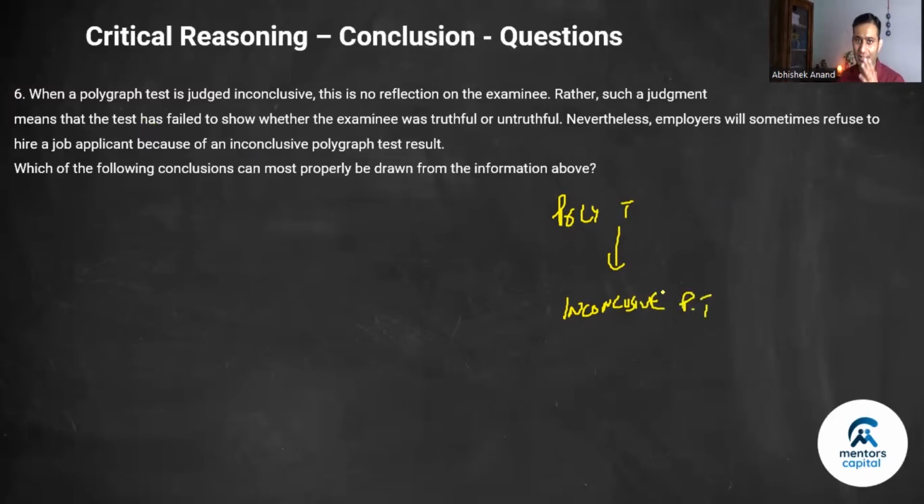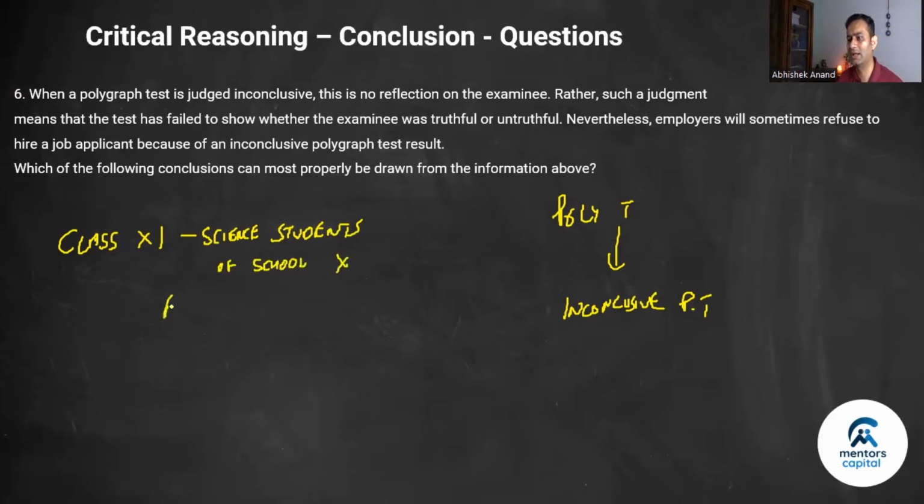So for example, if I say that let's say class 11 science students of school X are arrogant. Let's say this is a fact. What is the fact? That class 11 science students of school X are arrogant.